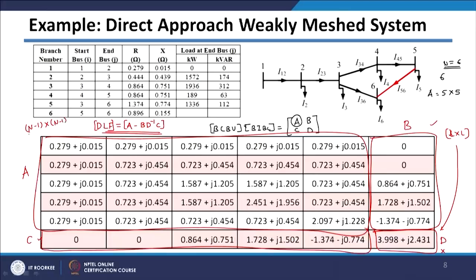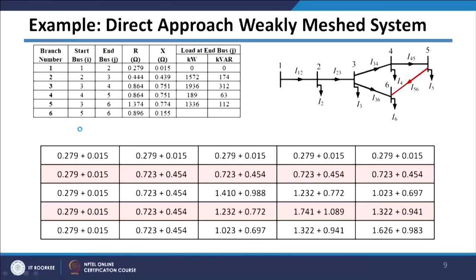So, it will be n minus 1 by n minus 1 size. So, by doing A minus B into D inverse C, you have got this DLF matrix for that same system. And once you get the DLF matrix, your algorithm will be exactly the same, the same algorithm you can use.